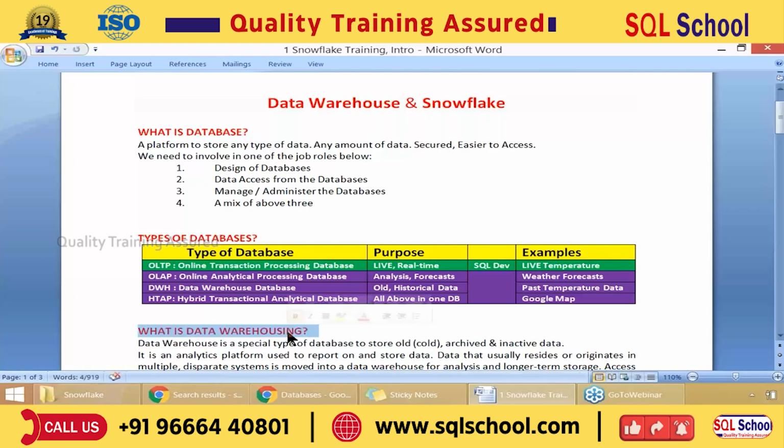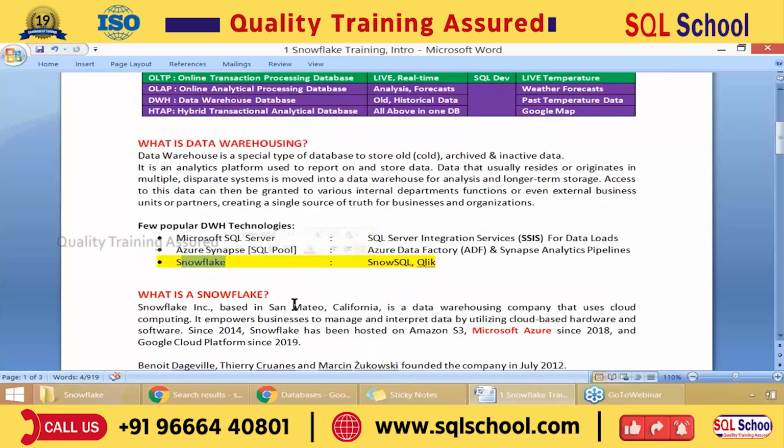To implement this data warehouse, there are different technologies. Like for example, we have Amazon Redshift, Azure Synapse or SQL Pool, and same way we have Snowflake. Few popular data warehouse technologies.